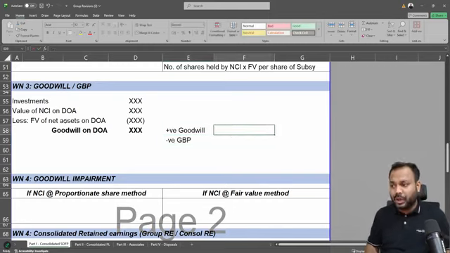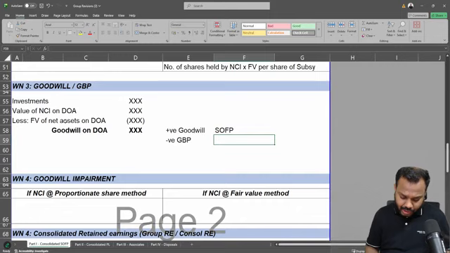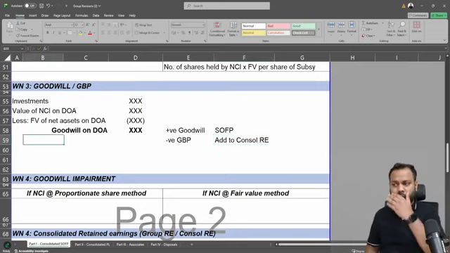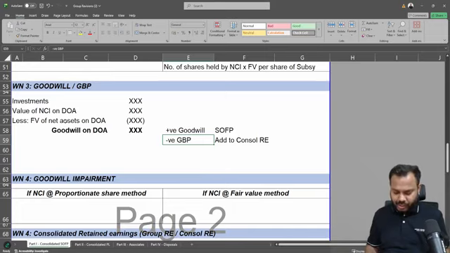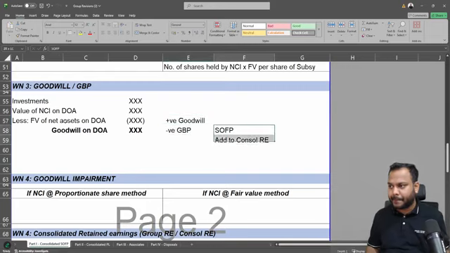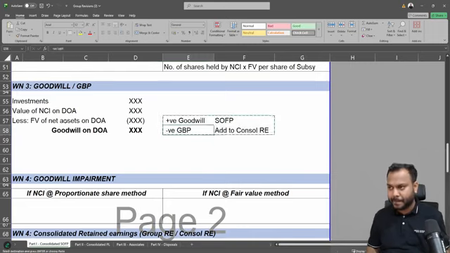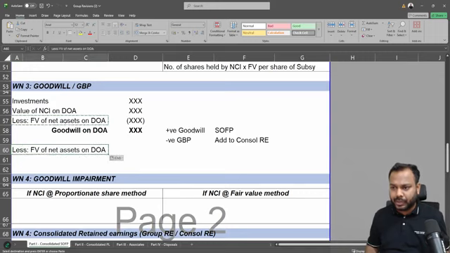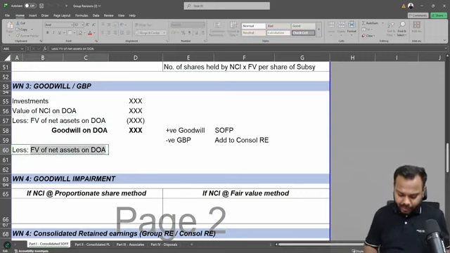Now, if it is goodwill, we report it in SOFP. If it is a gain on bargain purchase, we add this to consol RE. I believe it is very much clear to all of you. Further, less goodwill impairment, because goodwill can get impaired subsequently.